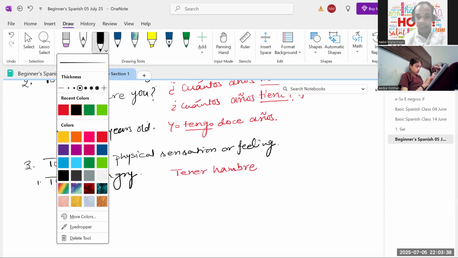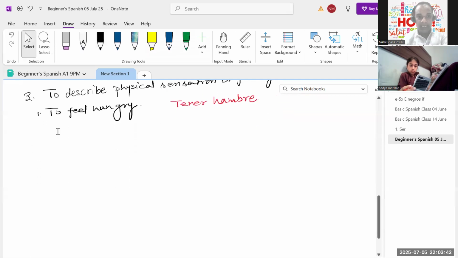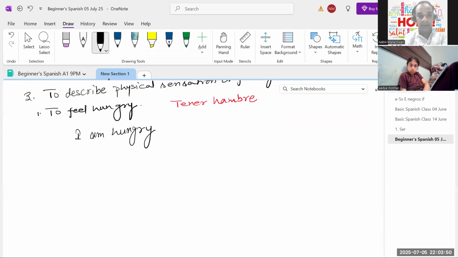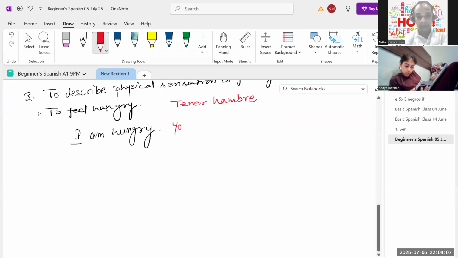So I have an example here. If you want to say, I am hungry, now, to say I am hungry, you have to use the verb tener. And along with tener, you have to use the word hambre. So, what is the pronoun for I? It's yo, right? Yes.